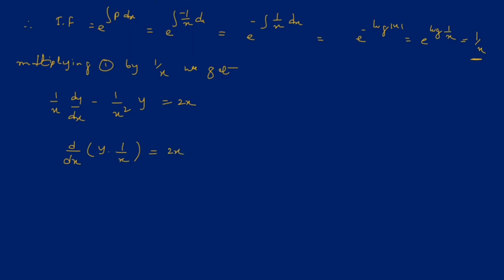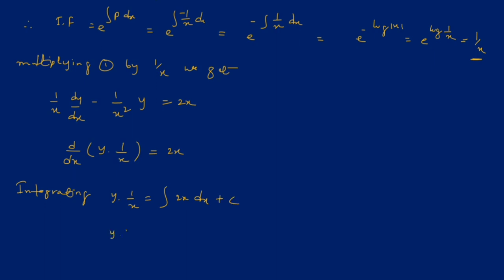So now integrating, d by dx gets cancelled, only y into 1 by x, integrating 2x dx, plus c as the constant term.